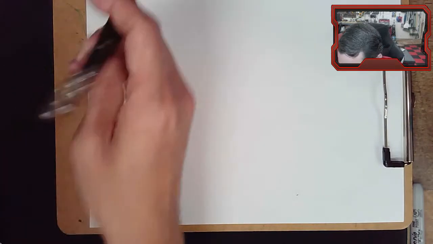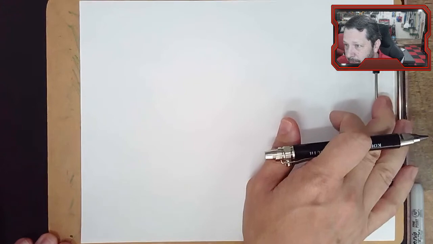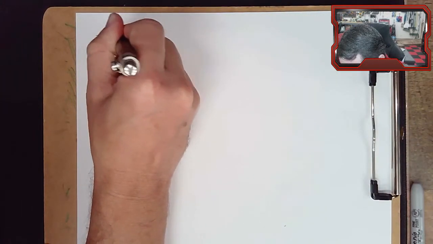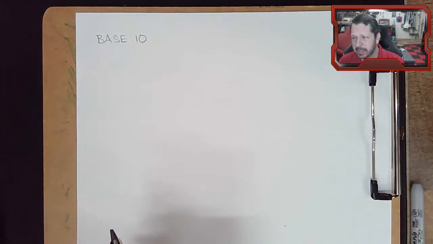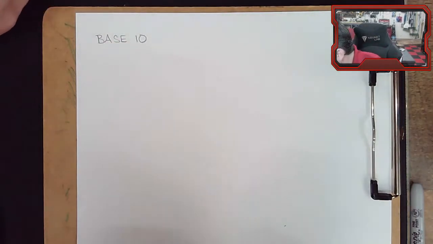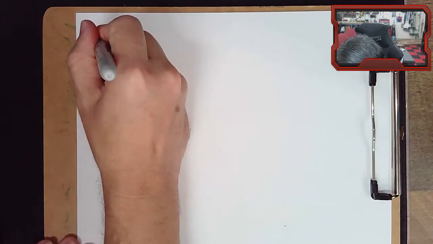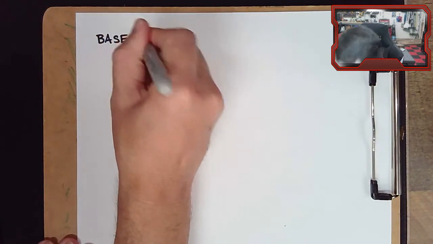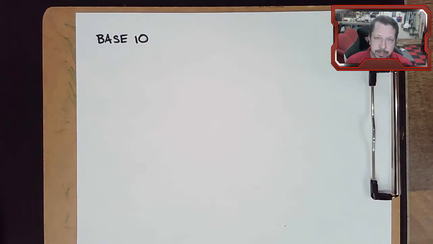So obviously, hopefully, we all know about the base 10 system. Oh, we need something darker than that. There we go. Base 10 system. So that's where you have the numerals 0 through 9, those characters, and you create all your numbers from that.